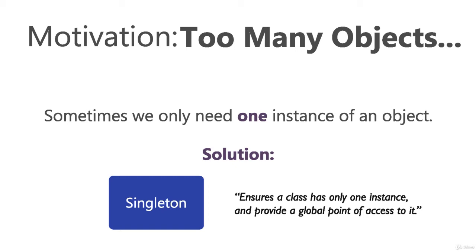For instance, if you are creating a system where you're putting together a log system, right? A class that would allow developers or the system itself to log out certain messages in the console, then you wouldn't need to have a constant creation of that log object, that log class, because that is just a waste, right? You just want to make sure you have a singleton, one instance of that class.